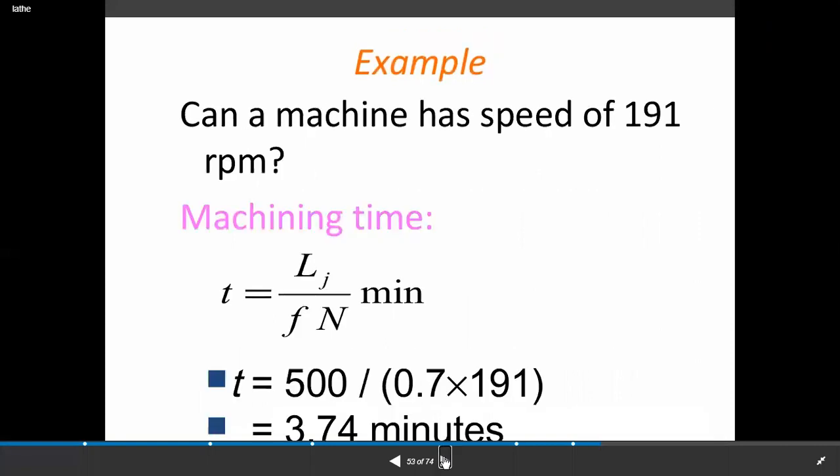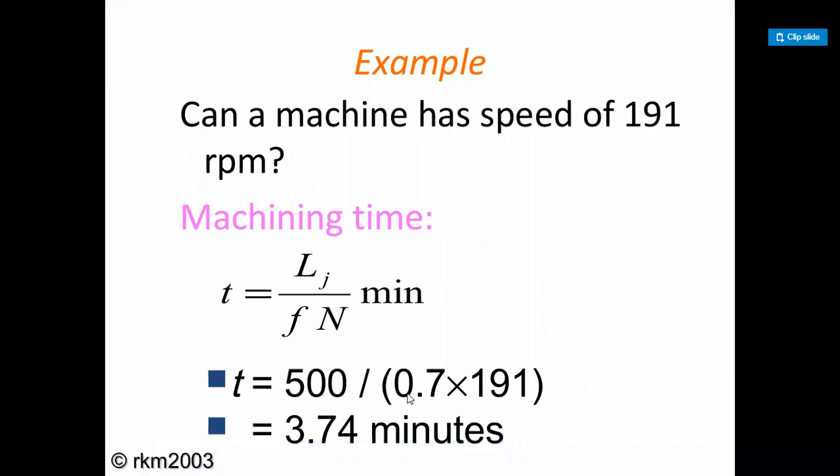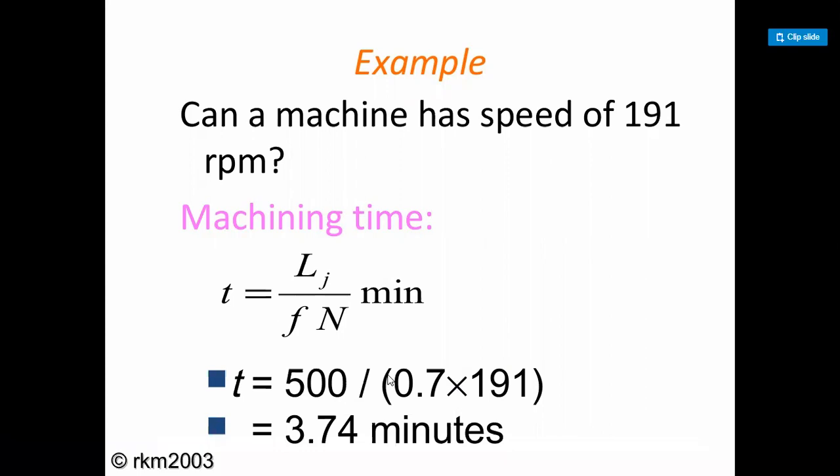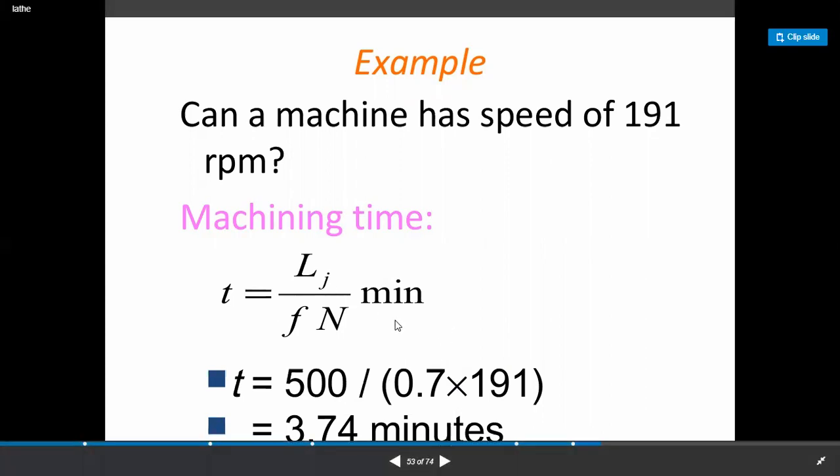Now this machining time formula is there for any lathe machine operation. Machining time t can be calculated as l divided by f n. So we have to substitute the values: l is 500, the length of the job, f is the feed which is given, and n we have already calculated. Substituting these values, machining time t is 500 divided by 0.7 times n, which we calculated previously.